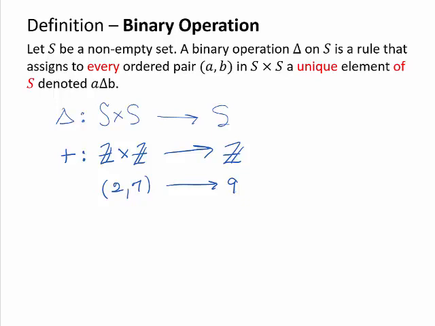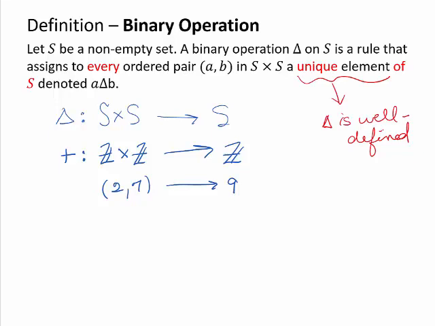The fact that it produces only one element of the set, another way to say this is that the operation delta is well defined. You can't get two different things. The rule will only produce one.